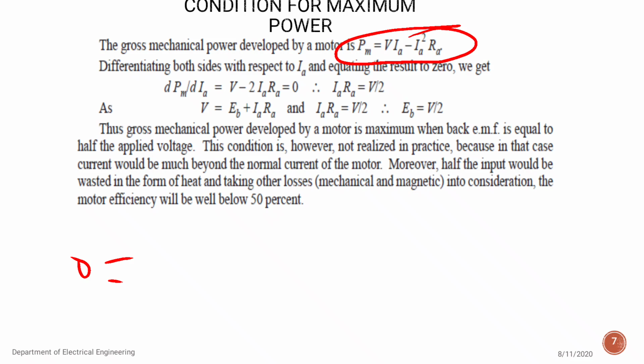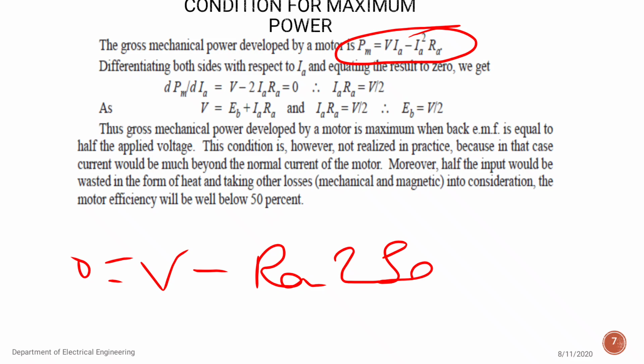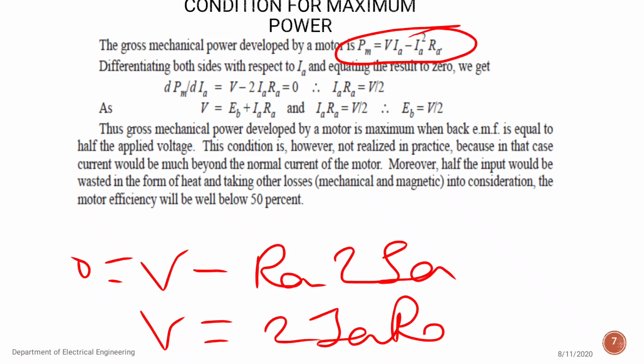Second part, V is a constant term, IA's differentiation is 1, so it will be only V. Then RA is a constant part, I will write as it is. IA square's differentiation is 2IA. Now I will shift that minus 2IA RA to the left hand side, so it will become V is equal to twice IA RA.